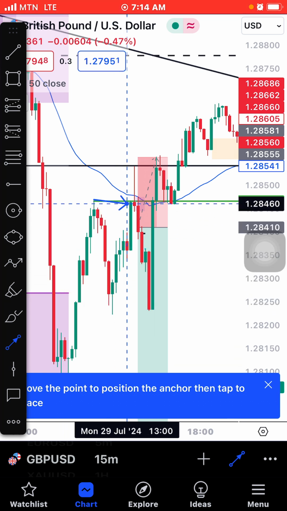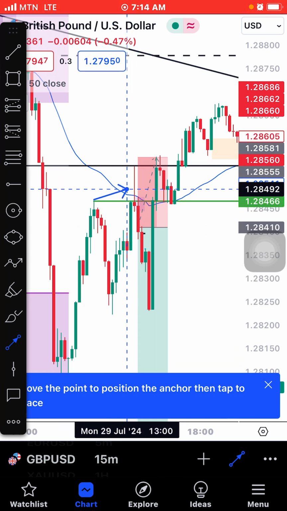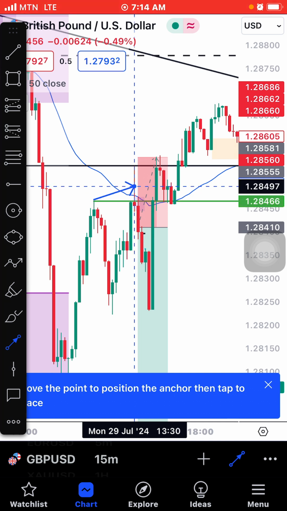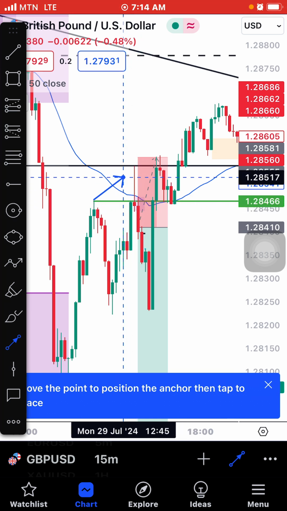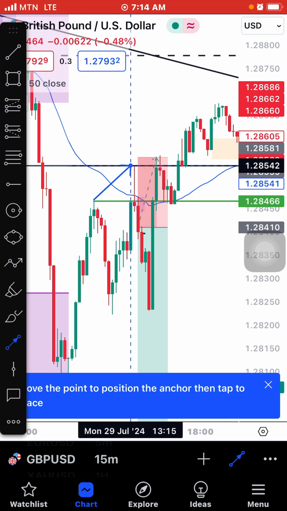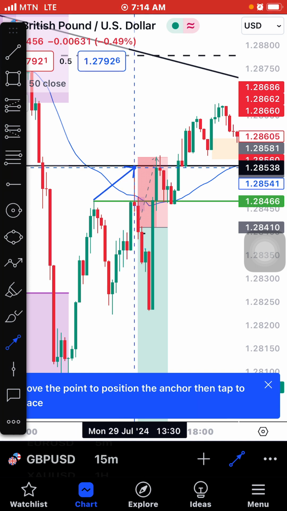As price was creating a new higher high, we saw that there was a weak rejection right here, and price closed beneath. So when price did this, I knew we could head downwards from here, and it also tapped into my 4-hour support area at which I wanted price to sell from.